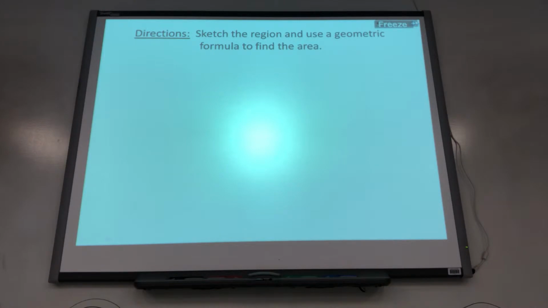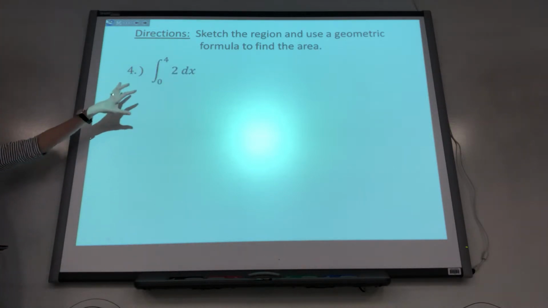When it says geometric formula, you're thinking like area of a rectangle, area of a triangle. You may have to go back and reuse some of those formulas that we've had in the past.